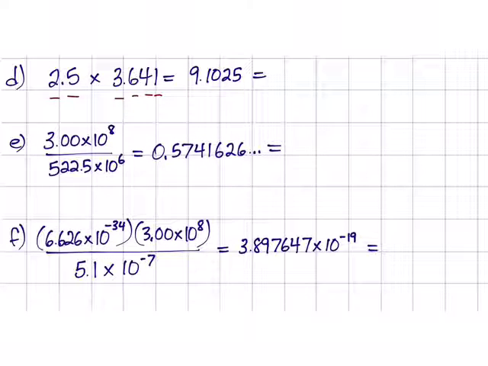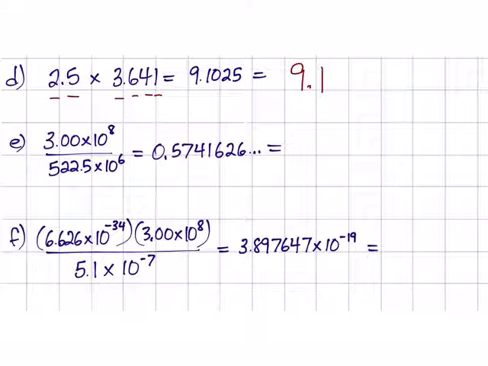The only question when it comes to counting significant digits is zeros, so those 2 numbers were easy. I've got 2 digits and 4 digits. My answer has to have only 2 digits, the smaller number of significant digits. So 9.1025 is going to be rounded off to just 9.1. So it has 2 significant digits.